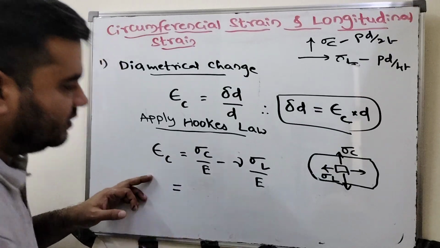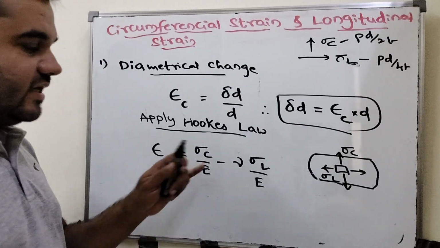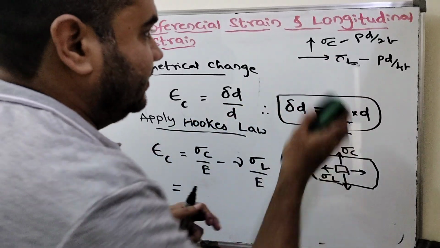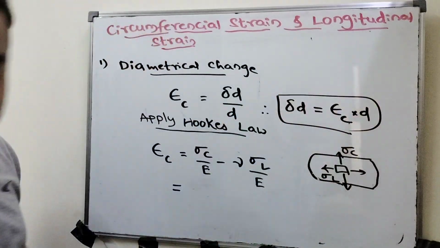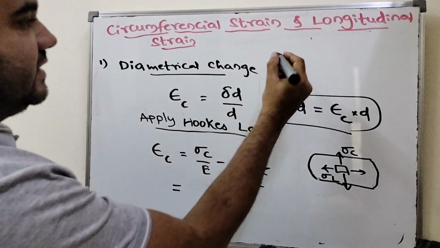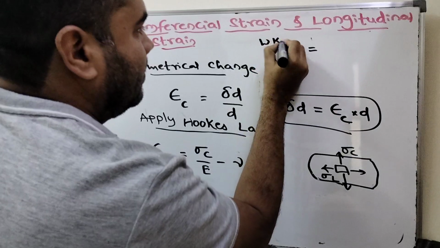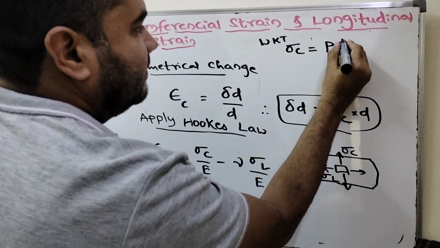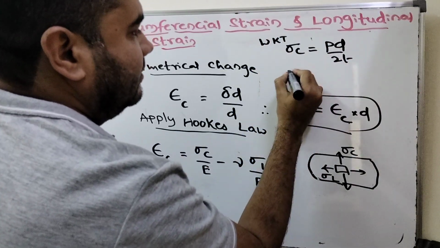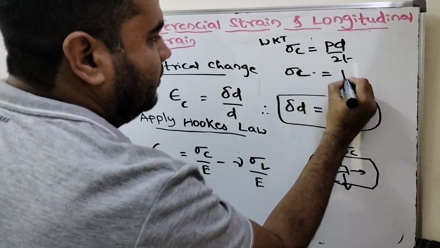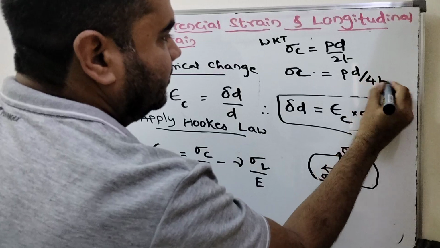This will be equal to, now substitute. What do we mean by circumferential stress? In the last video we derived PD by 2t. I'll write it here. We know that circumferential stress equals PD by 2t, and longitudinal stress equals PD by 4t, right?